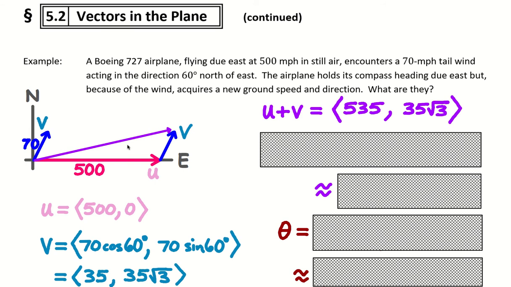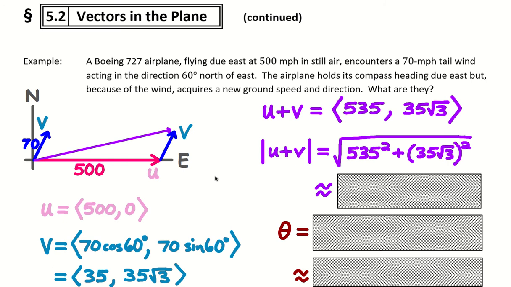The purple vector represents what the plane is actually going to be doing. You just add these two vectors together. So 500 plus 35, ba-bam. And then 0 plus this, is that. I'm probably moving these boxes a little too soon, but that's the purple vector.